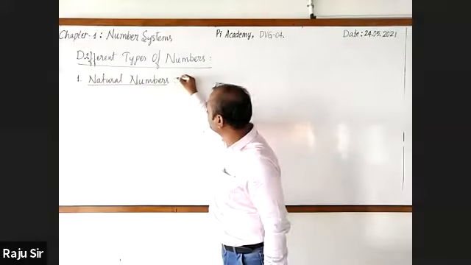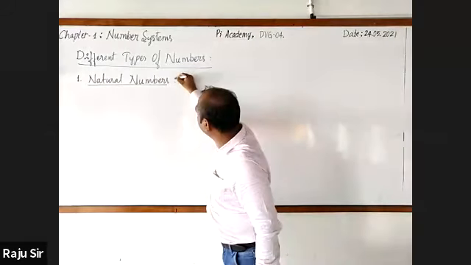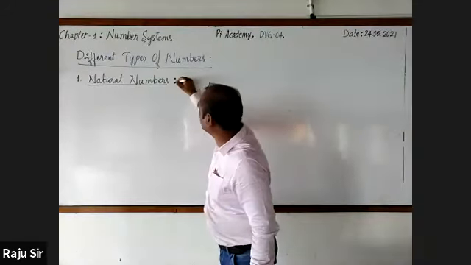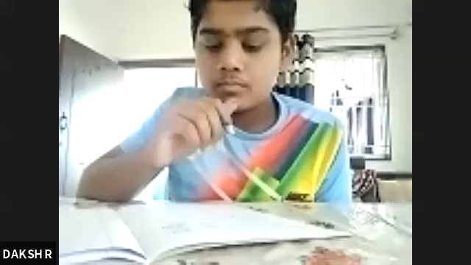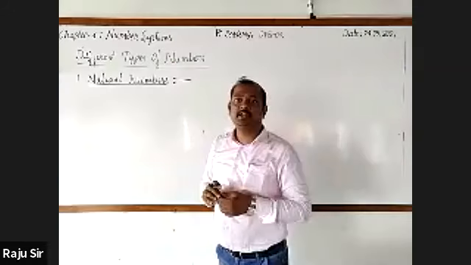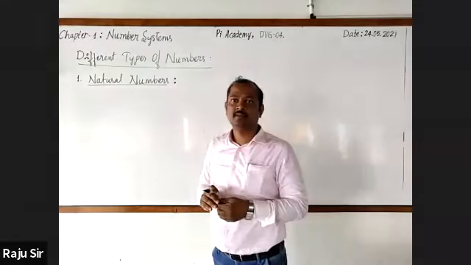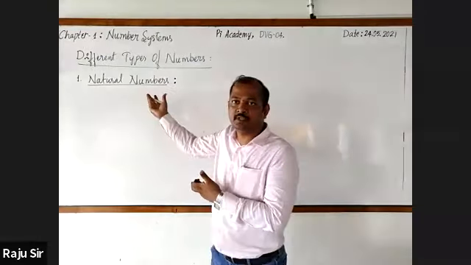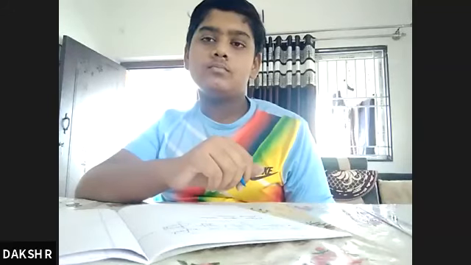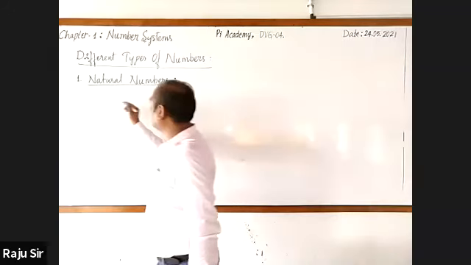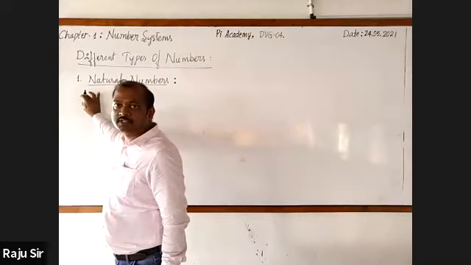Some students have the habit of putting a sign like this: two dots and then a line. That is the explanation sign. Don't use this. Just put two dots, because we are getting brief information, not an explanation. Start writing the definition from here.